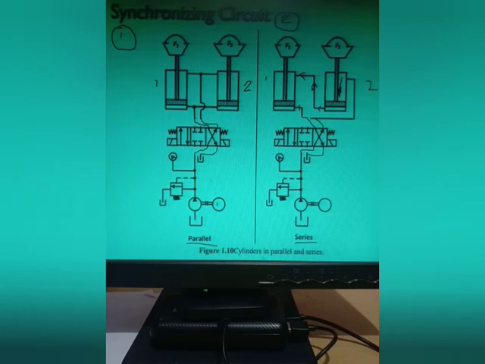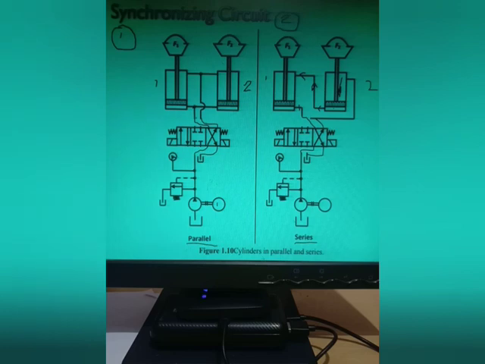And what will happen when I take the central position? As it is a holding position, no port of the actuator is connected, the pump is not connected to any port, and the reservoir is also not connected to any port. So whatever the load is, whether it is lifted or lowered, in whatever position the load is, it will be held there.